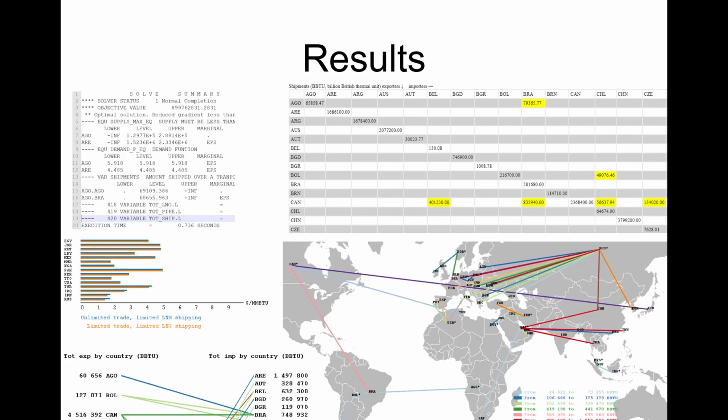There are many results that come out from this. There is the output from GAMS itself, which is quite hard to read, so we wrote our own programs to generate graphs like this and tables.